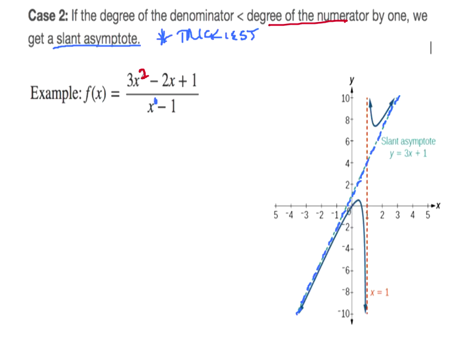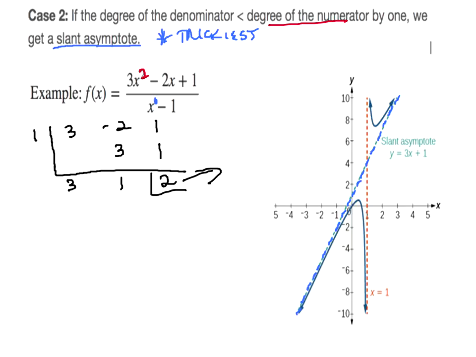If I actually divided 3x squared minus 2x plus 1 by x minus 1, if I did it using synthetic division, it would look like this. So I combine down, multiply, write my result, combine down, multiply, write my result, and I have a remainder here.